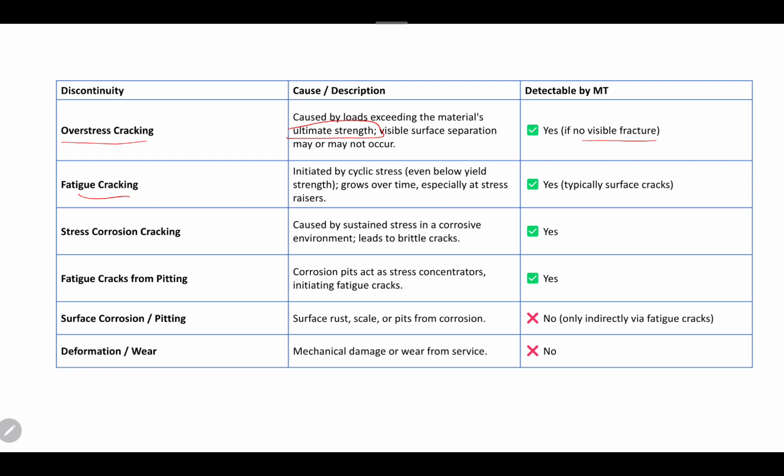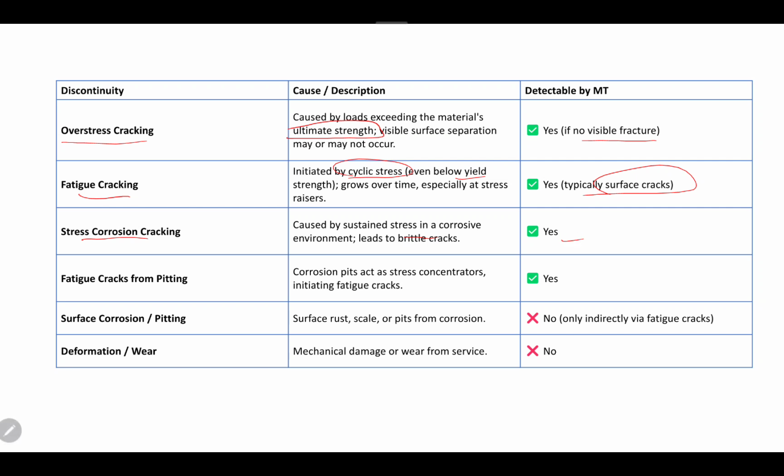Next one is fatigue cracking, initiated by cyclic stress even below the yield strength. These cracks grow over time, especially at stress concentrators. These are typically surface cracks and are detectable by MT. Stress corrosion cracking, caused by sustained stress in a corrosive environment, leading to brittle cracks.